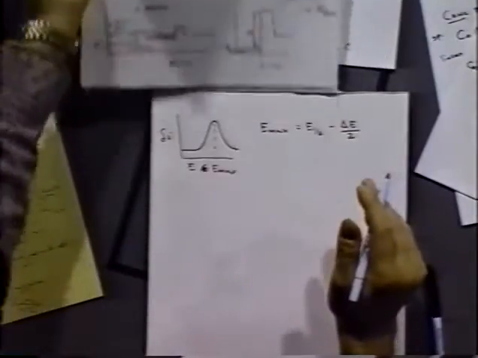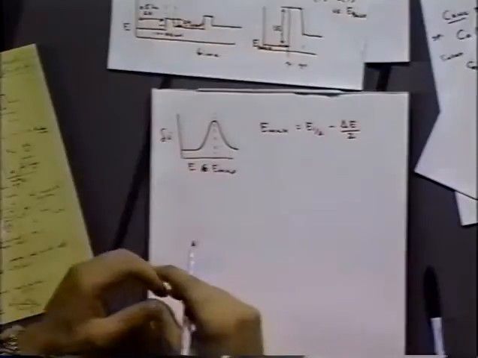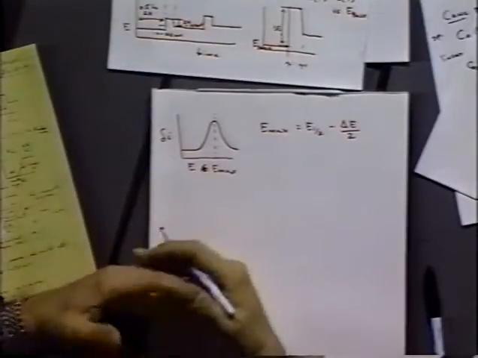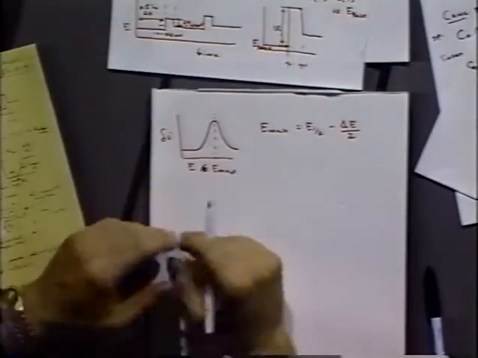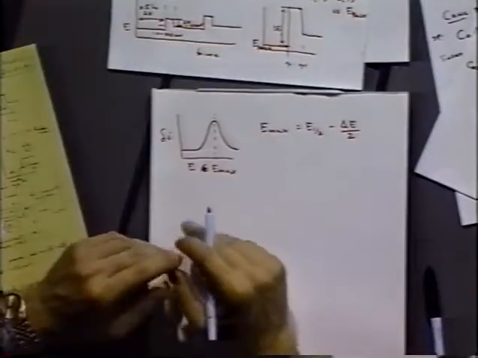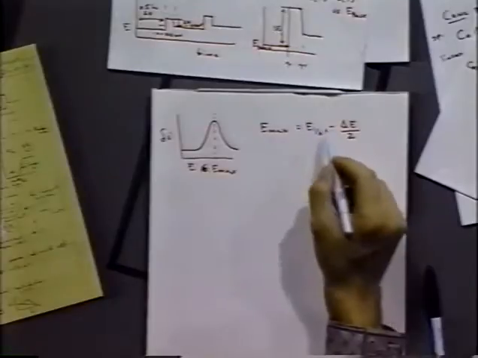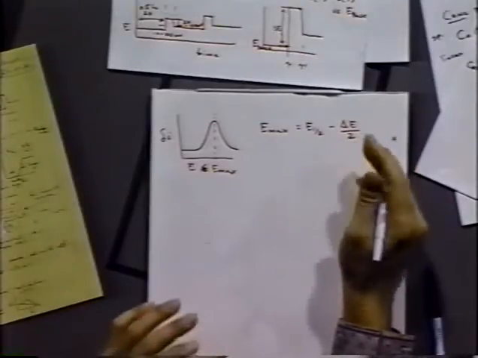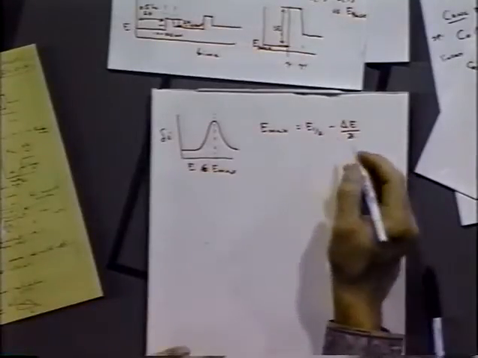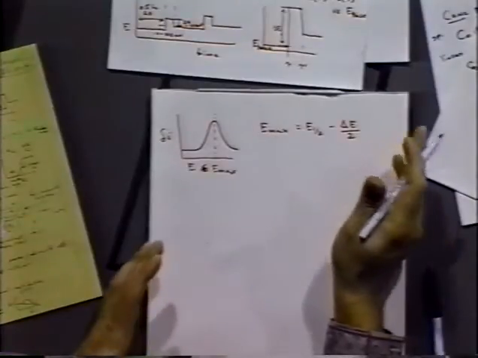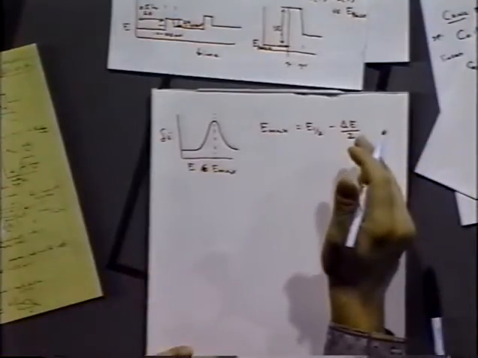Okay, so the larger the delta E is, the more E max is shifted away from E1/2. And E1/2 would be the half wave potential of the wave that we would get under, say, normal pulse voltammetry conditions.